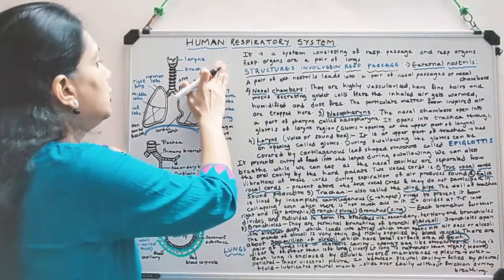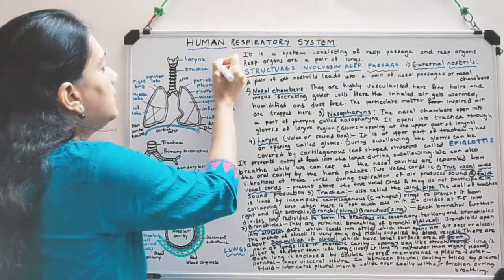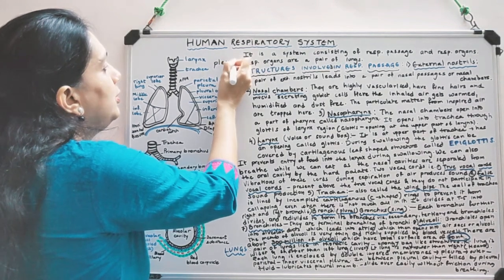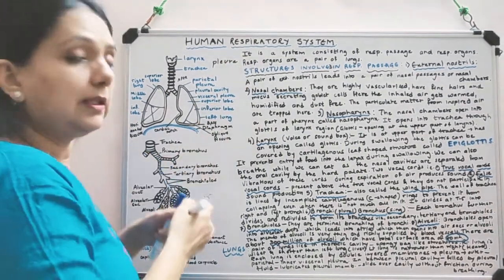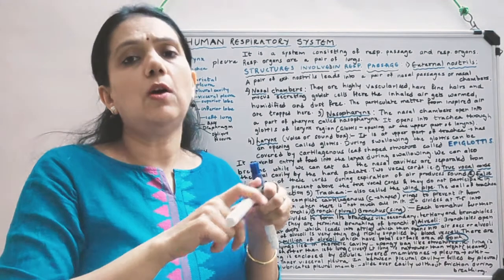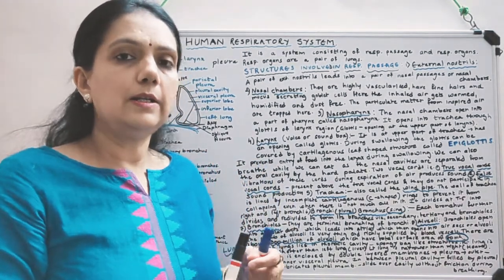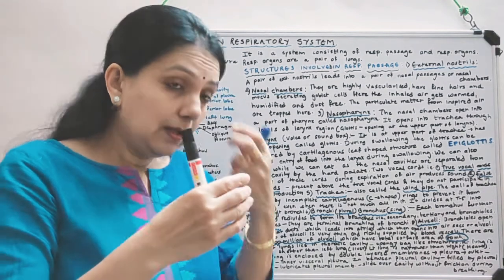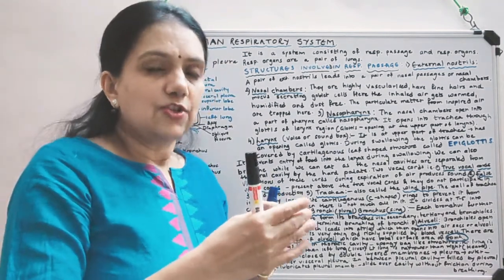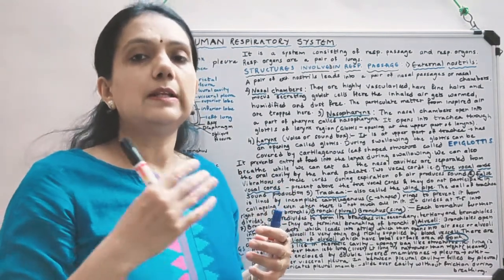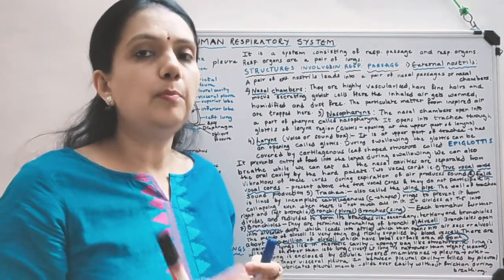I write the word over here. The membranes are called pleura. Now the membrane that lies immediately on the lungs is the visceral pleura, and the one that is not attached directly on the lungs is the parietal pleura.